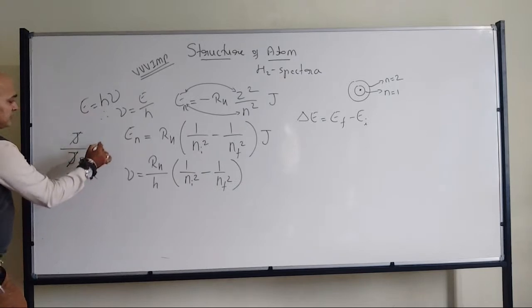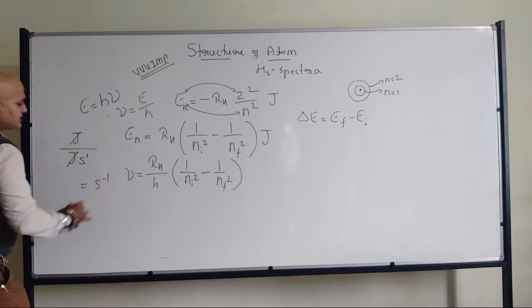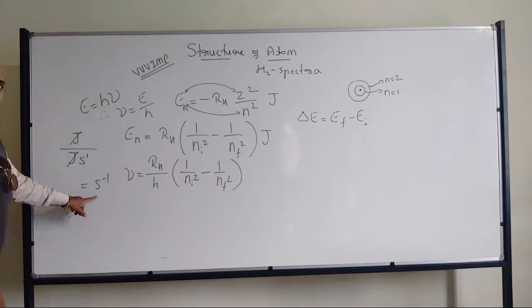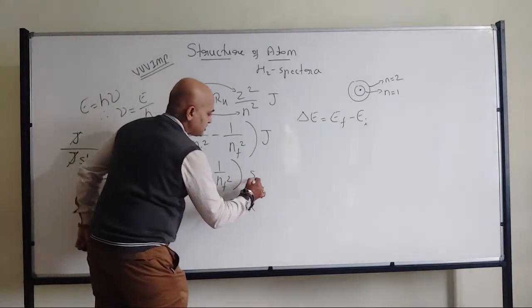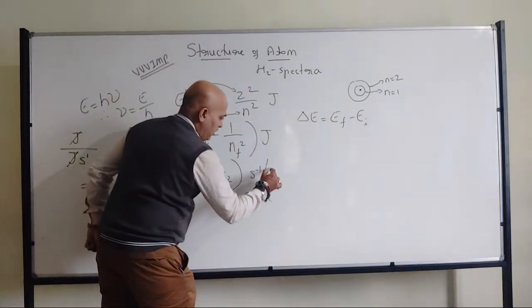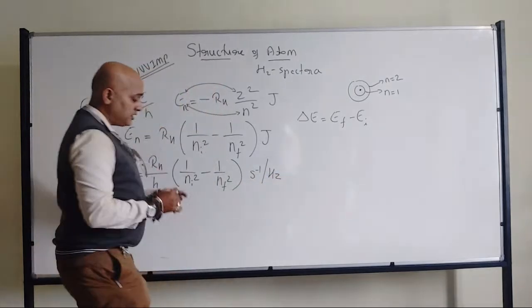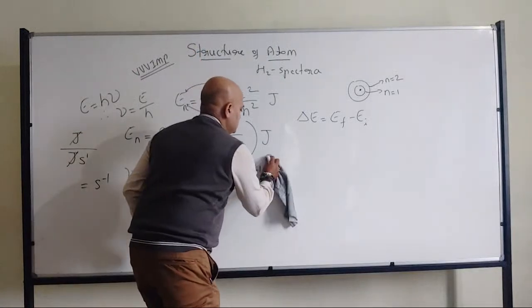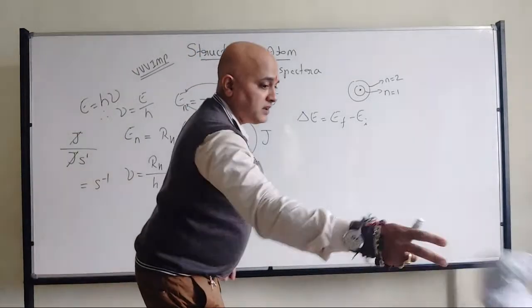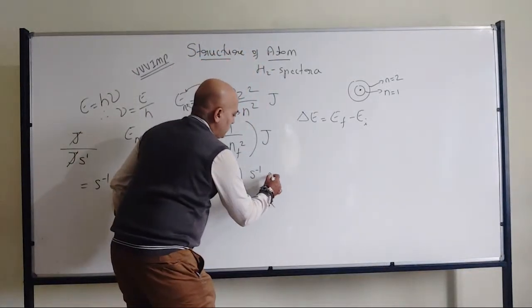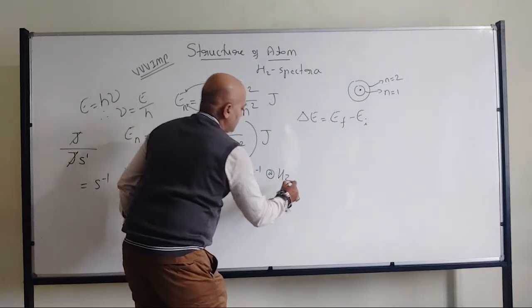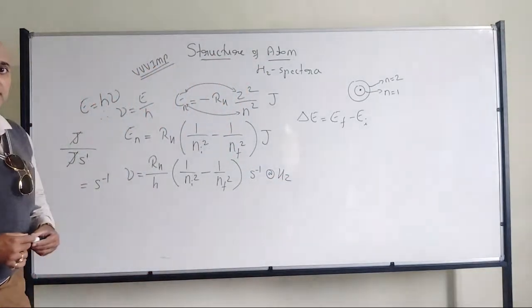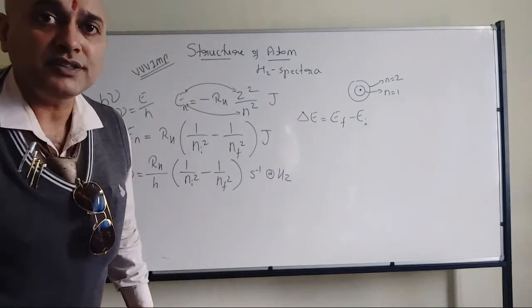If I take it on the top, it will become per second. All of you will agree? So I will mention it as per second or hertz. Any of these units we can represent. Per second or hertz, one and all same. Hertz means cycle per second only.